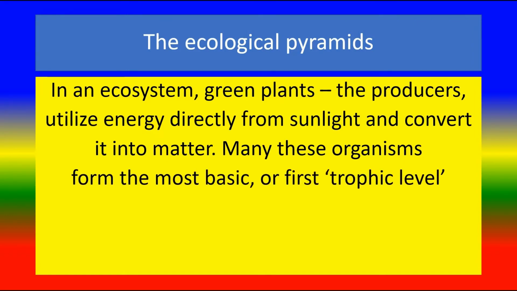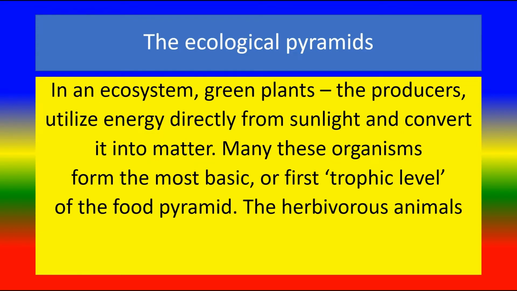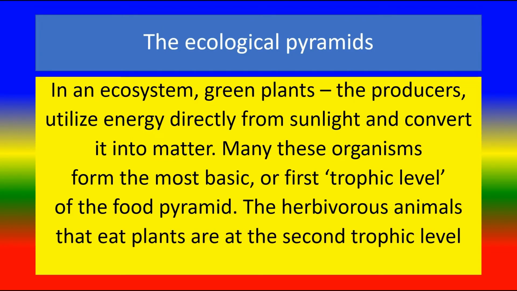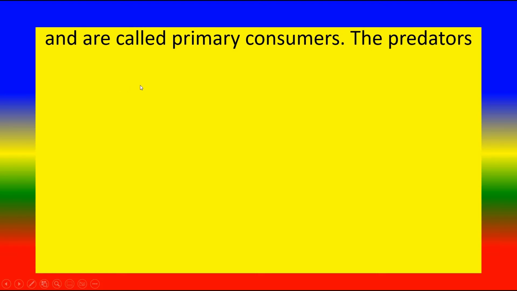Many of these organisms form the most basic, or first, trophic level of the food pyramid. The herbivorous animals that eat plants are at the second trophic level and are called primary consumers.